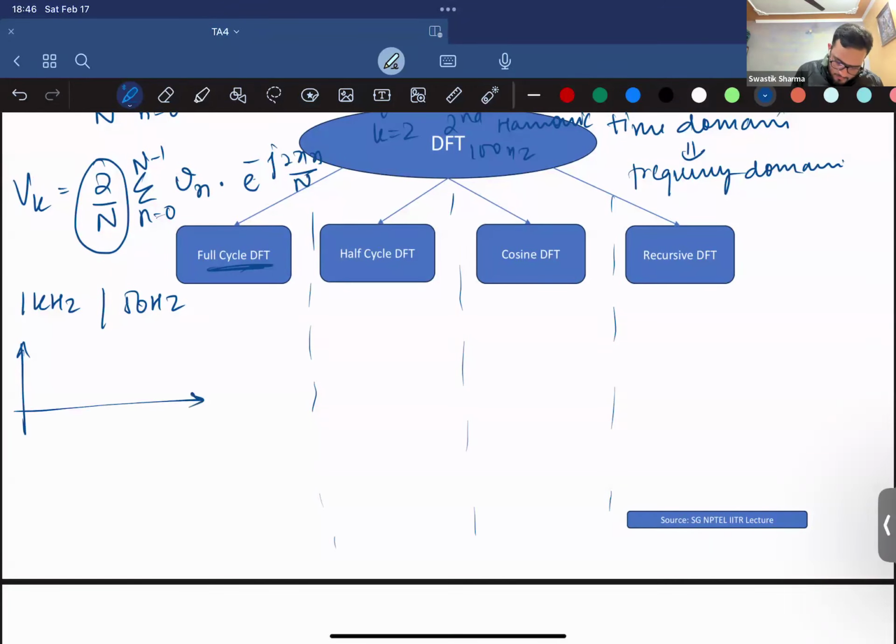If you have a signal, this is a 50 hertz signal. So what is the number of samples going to be? Anyone?